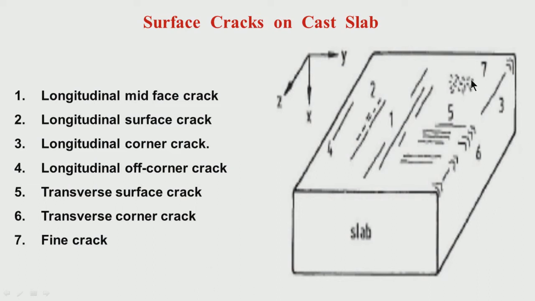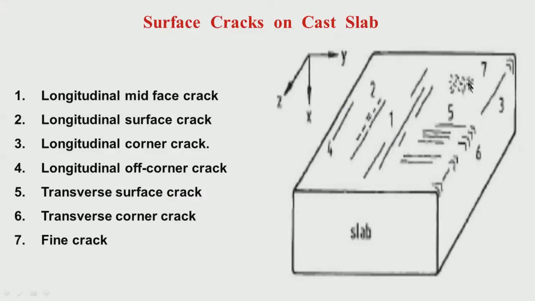I have mentioned, like in billet and bloom and rounds also, you can have some fine cracks not having any particular orientation, neither longitudinal nor transverse. So, we call them fine cracks. Sometimes you may call them spider cracks also if they are small and oriented in different directions. So, like billet, bloom and rounds, in slab also you can have a lot of surface cracks.